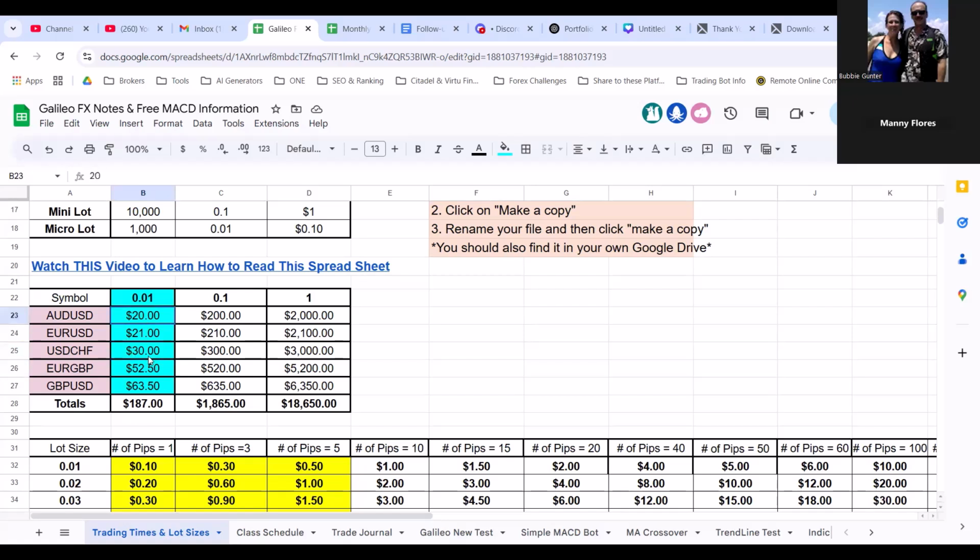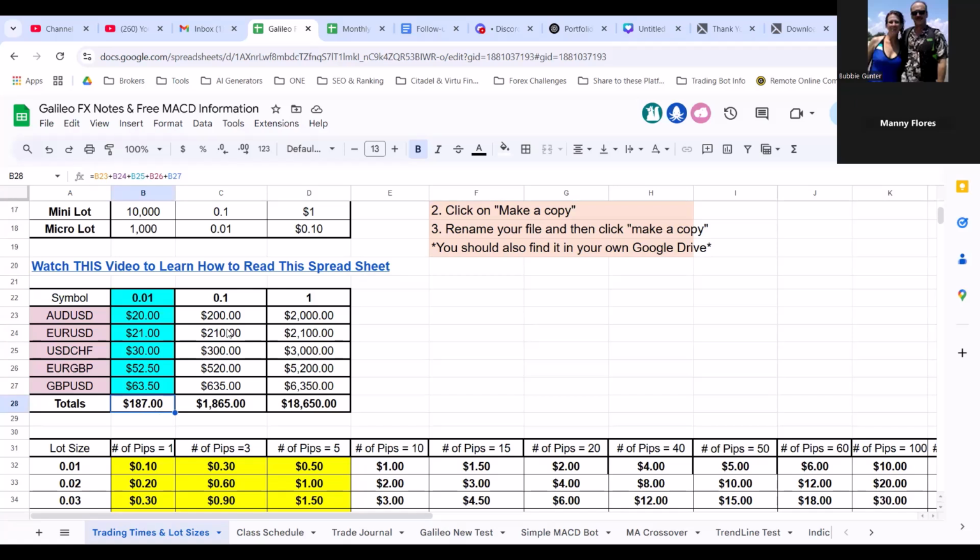And if each one of them was to trigger and go live on you, you need $187 just for each of the currency pairs. And then from there, you just look at your report and say, okay, each one of them, this is how much they cost. This is how much the drawdown should be. And you get an estimate of whether you can afford that or not.